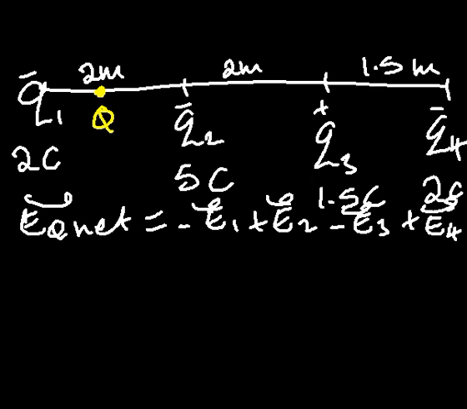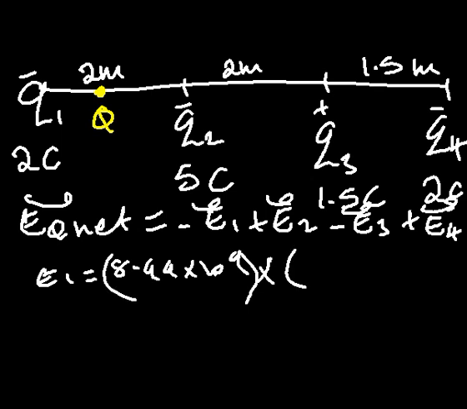We'll have that. And using the formula for the electric field due to a point charge, we'll have to calculate what is E1. So E1 will be given as 8.99 times 10 to the power 9, times the charge Q1, that is given 2, divided by the separation distance, and since this is the midpoint, Q1 is at a distance of 1 squared.